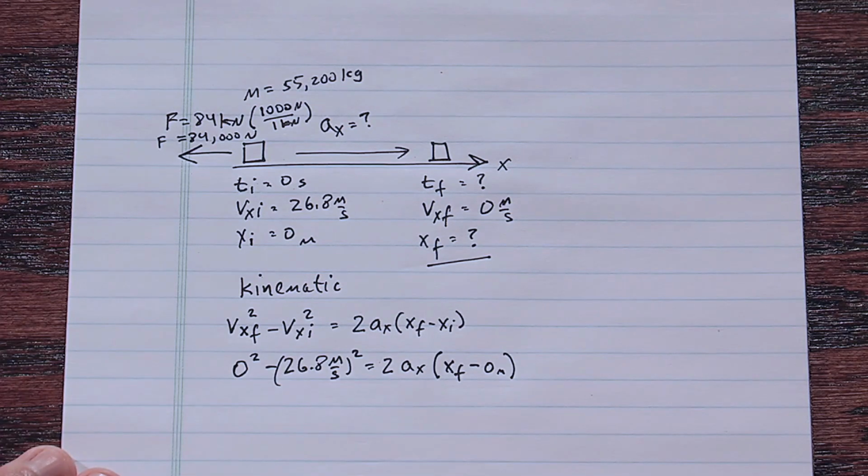Well, that has two unknowns in it. It has x final and it has ax. What can we do about that?